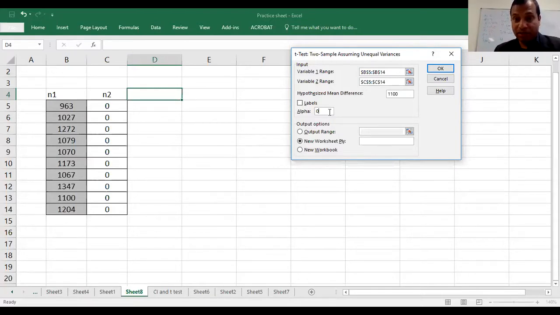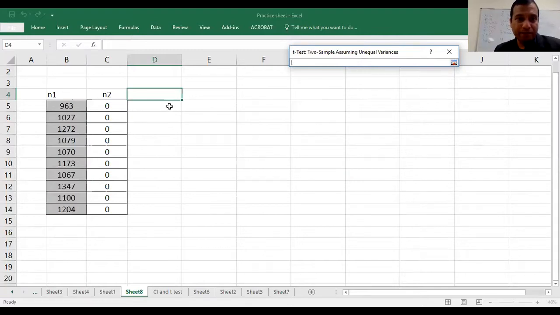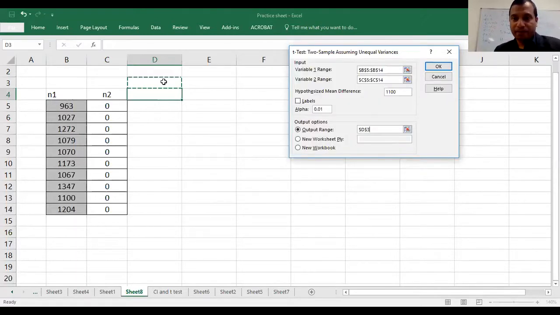It was in the question. So 0.01 is the alpha value. For the output range, click here, and I wanted to have the output in the same sheet. So any free cell, I gave this one. And then click OK.